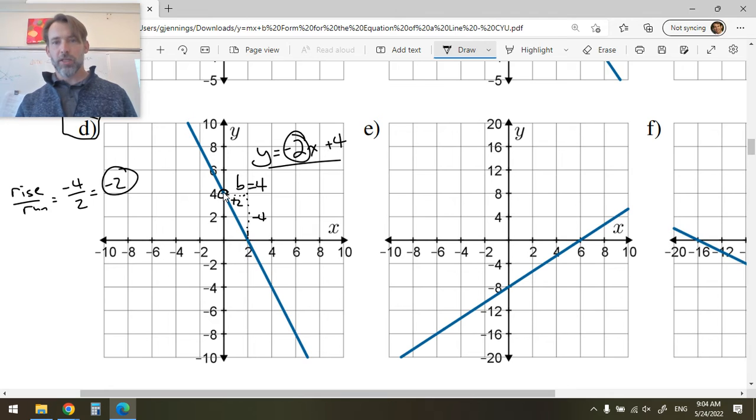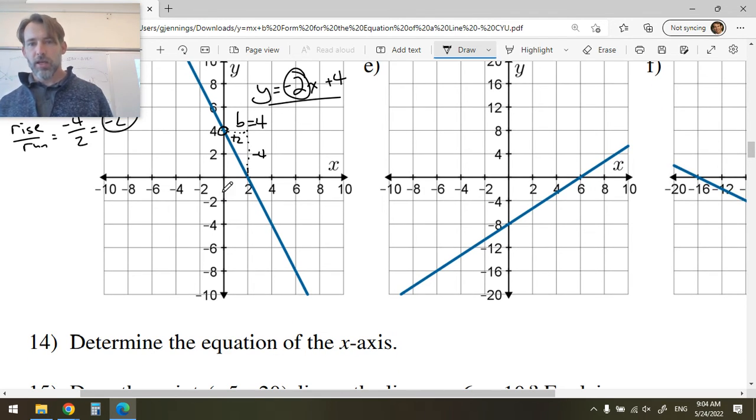If we take a look at this one here, I can find a point here, negative 8. So my b is equal to negative 8. And then I can use this point here to find my m. So this one rises 8 plus 8 when it runs 6.